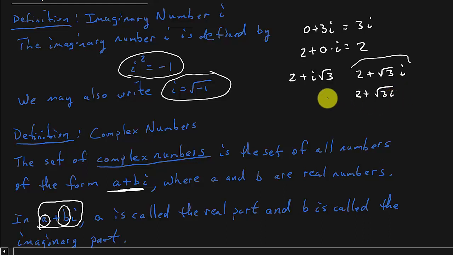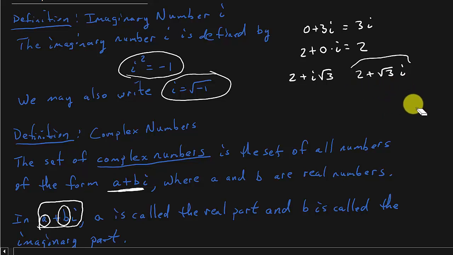So for that reason, we write the i in front of the radical, and now there's no mistake that the i is not under the radical.